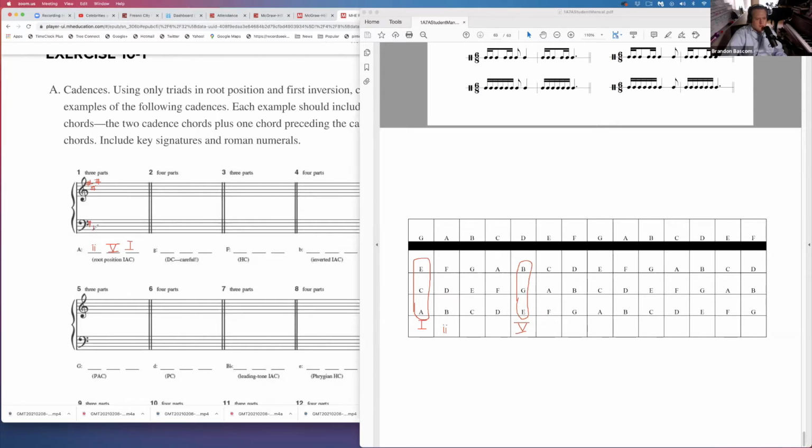Okay, 2 chords. Somebody spell it for me. The 2 chord is B, D, F sharp. All right. B in the bass.